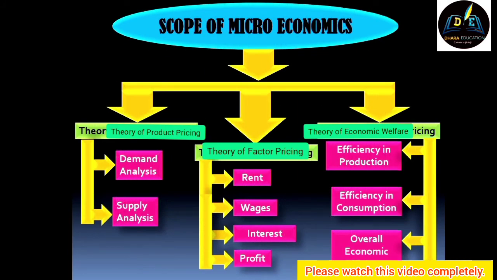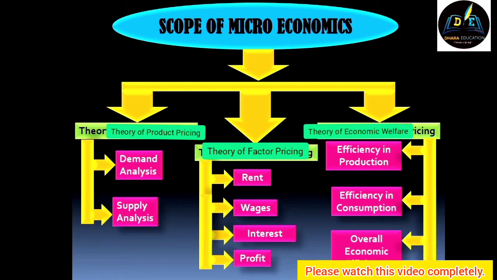Now this is the scope of microeconomics. The basic scope of microeconomics is divided into three parts: theory of product pricing, theory of factor pricing, and theory of economic welfare.